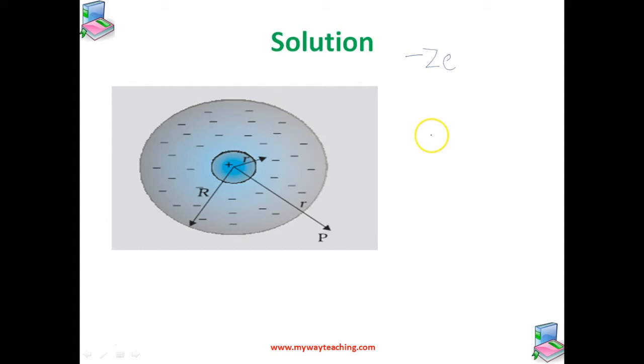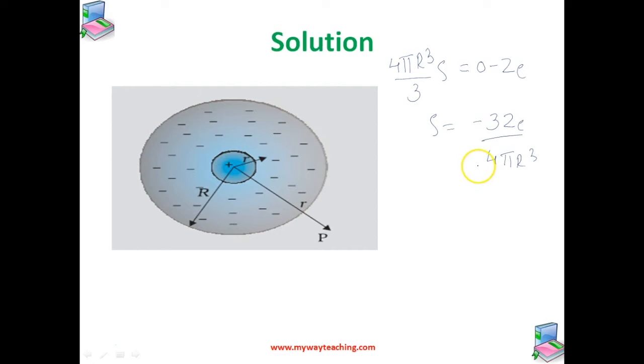This immediately gives us the negative charge density rho, so we must have rho times 4 pi R cube by 3 equal to minus Ze, so rho will be equal to minus 3 Ze by 4 pi R cube.